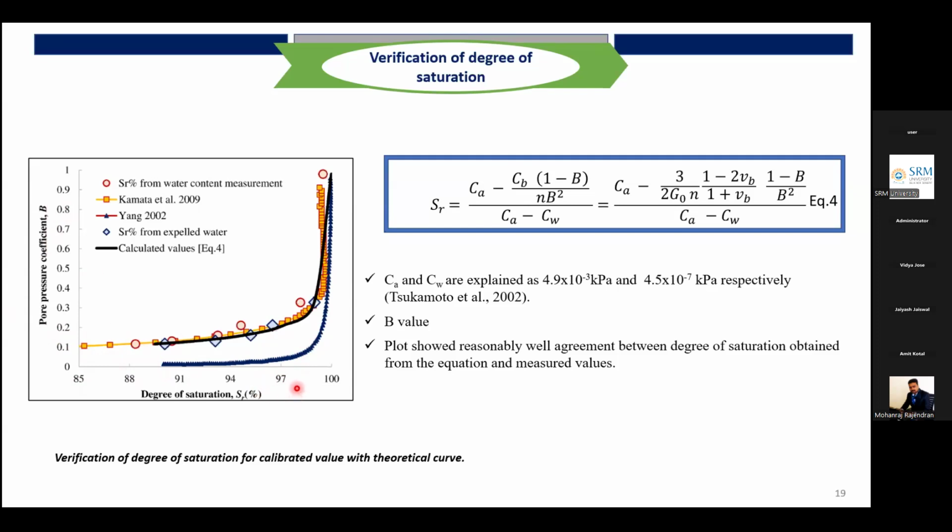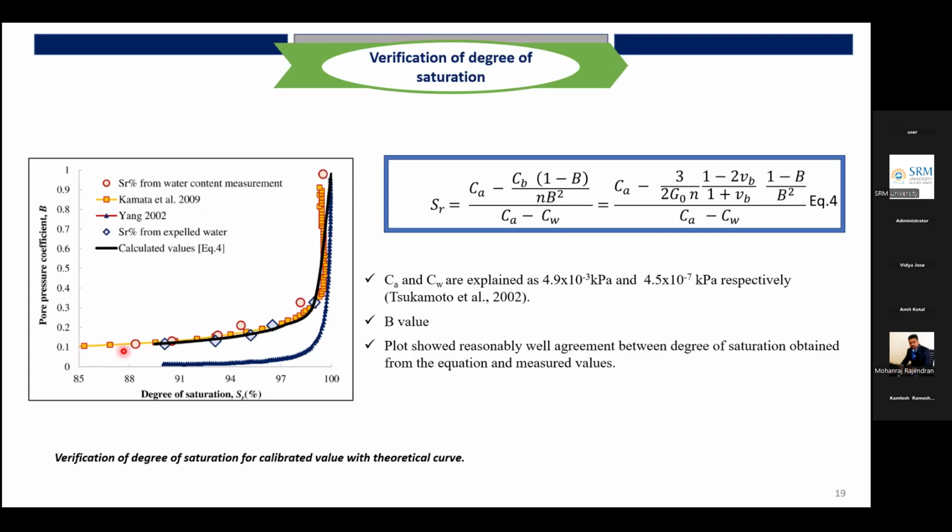So as long as your soil degree of saturation is less than 85%, the pore pressure parameter is just 0.1 or less than 0.1. So this kind of soil doesn't have any liquefaction potential. It won't liquefy. It is a safer soil because the degree of saturation is very low.